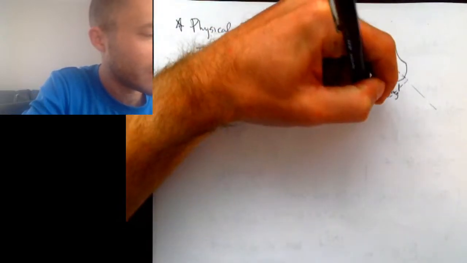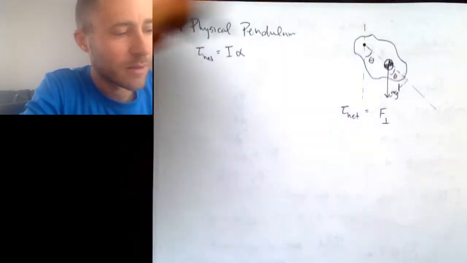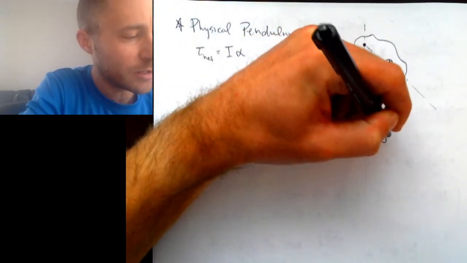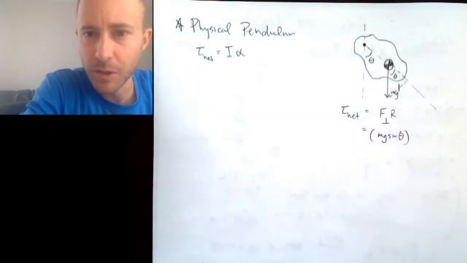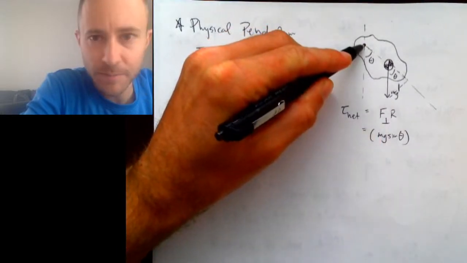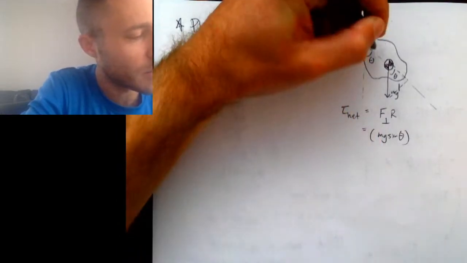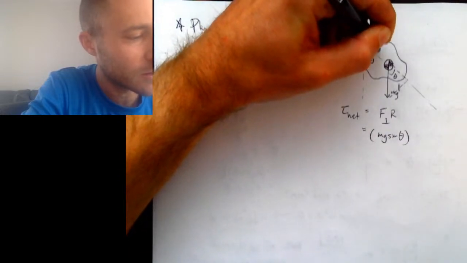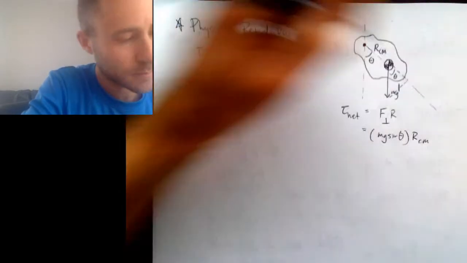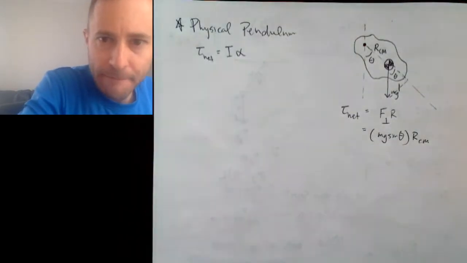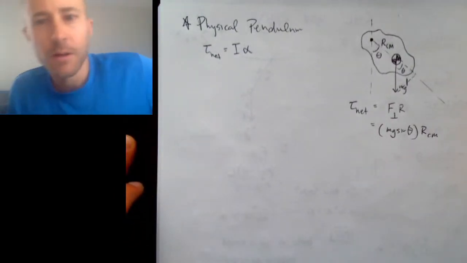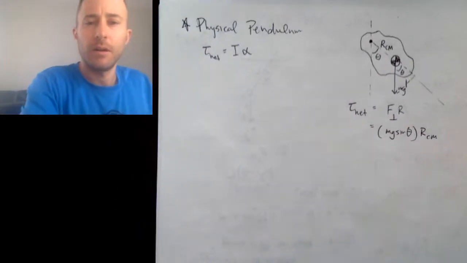F perp times R, where F perp is once again mg sine of theta, and R is the distance from the pivot to the center of mass, which I'm going to call R_CM.